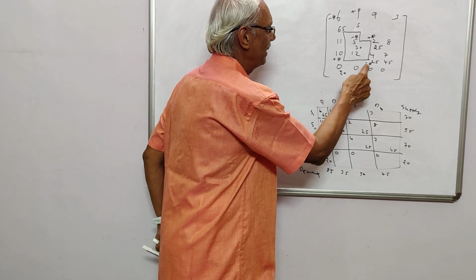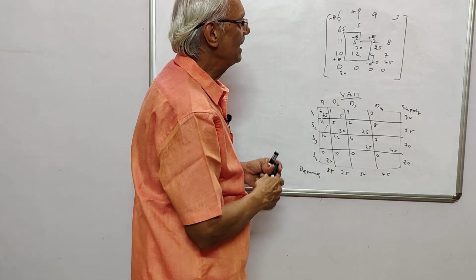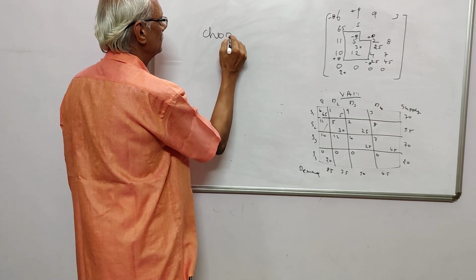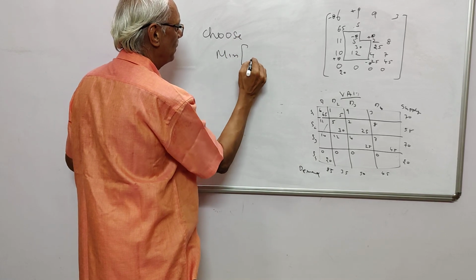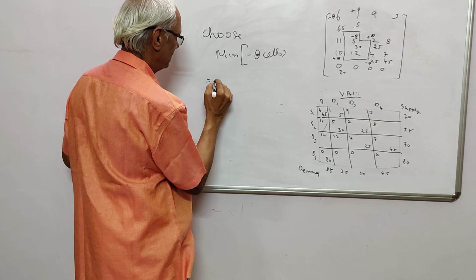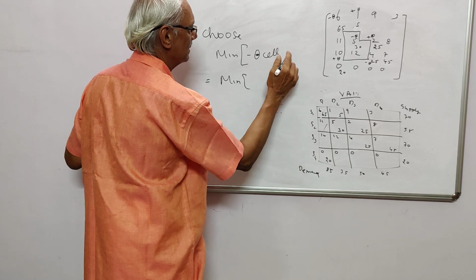This is plus theta, minus theta, plus theta, minus theta, plus theta, minus theta. Then choose the minimum of the minus theta cells, that is equal to the minus theta cell allocations.